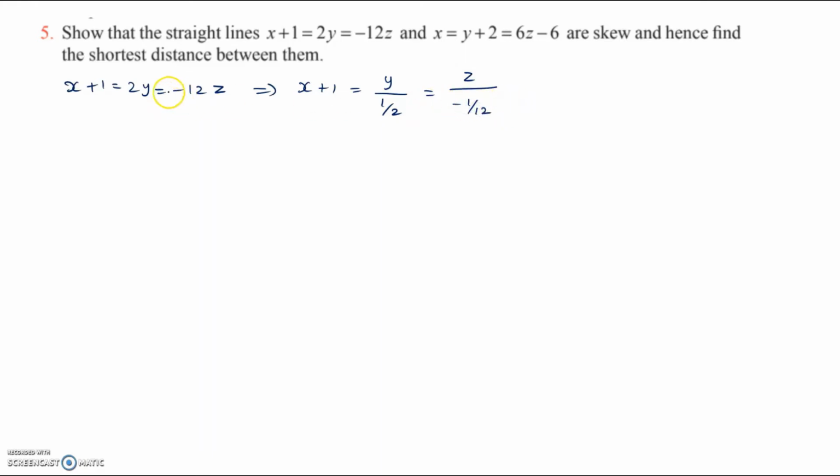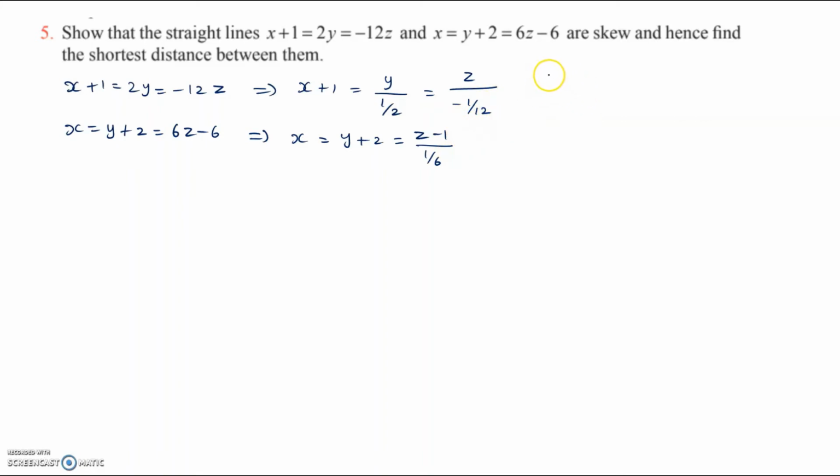Similarly, the second equation, which is x is equal to y plus 2 is equal to 6z minus 6. This can be rewritten as x is equal to y plus 2 is equal to z minus 1 divided by 1 by 6. Taking 6 as a common multiple and then bringing it to the denominator, you get z minus 1 by 1 by 6.